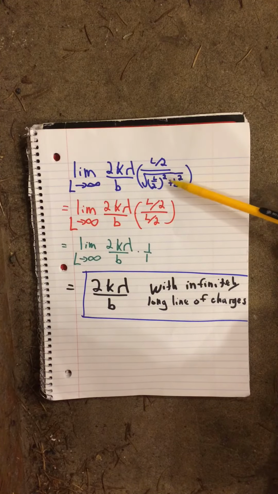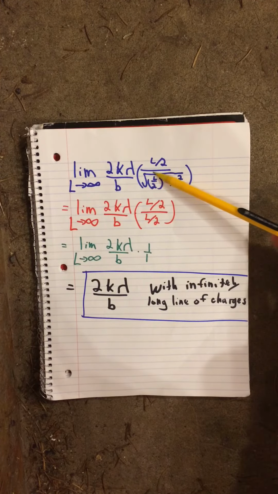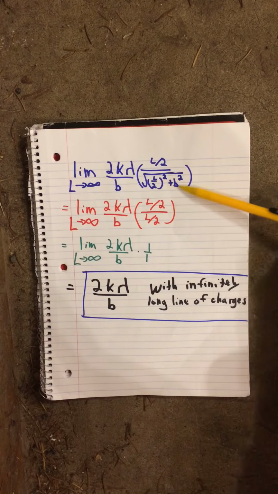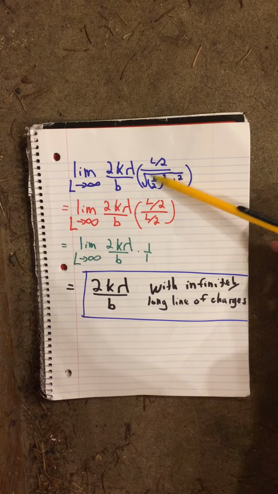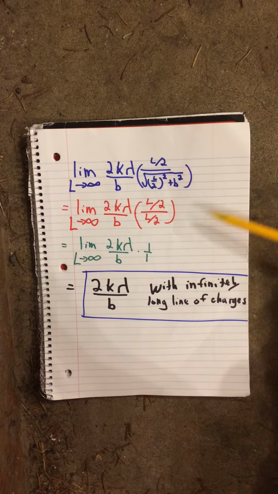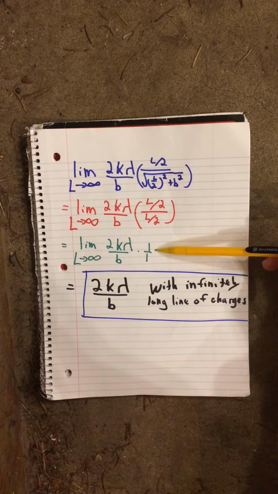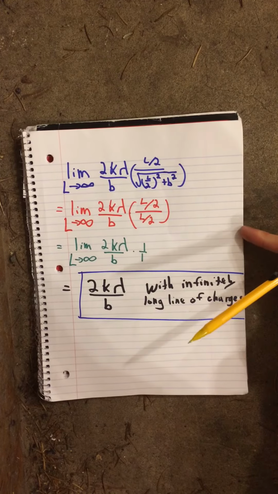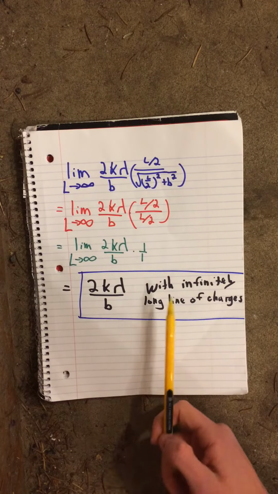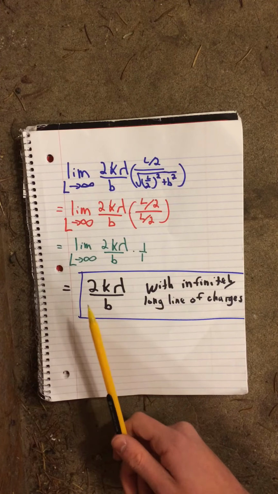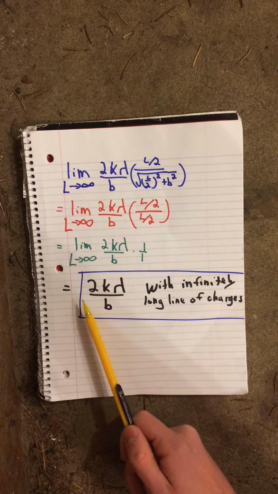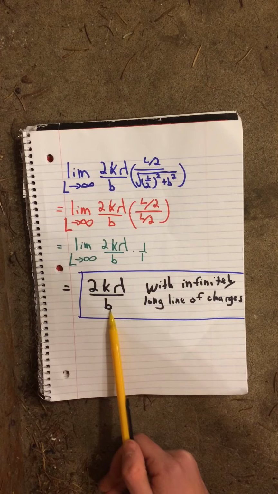If L is going to infinity, then this whole denominator is getting very, very close to L over 2. The b squared is just going to be insignificant if this is the square of infinity. So L over 2 over L over 2 is just 1. And therefore we get the final answer with an infinitely long line of charges that the electric field is 2 times k times lambda over b, the distance away.